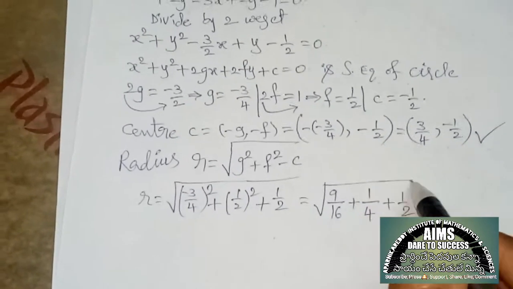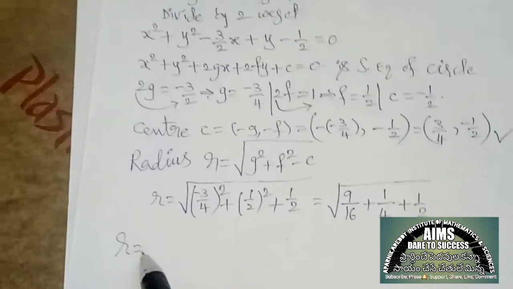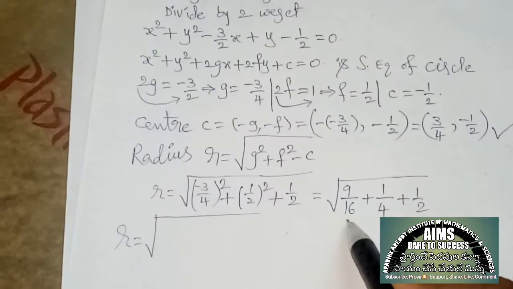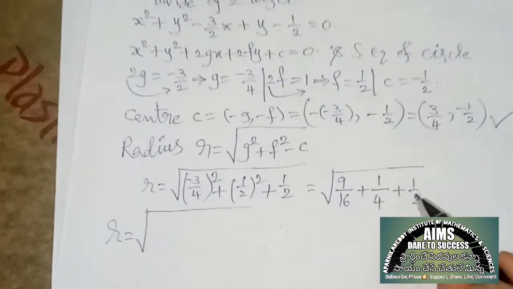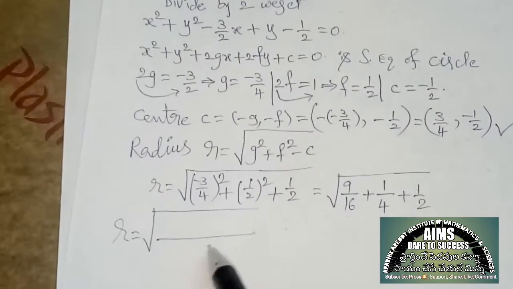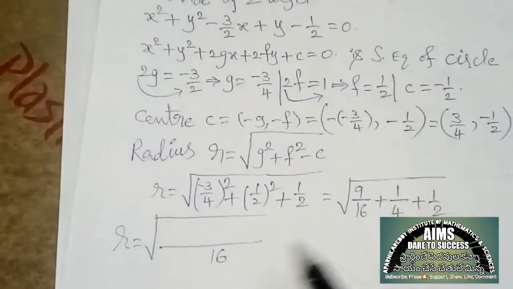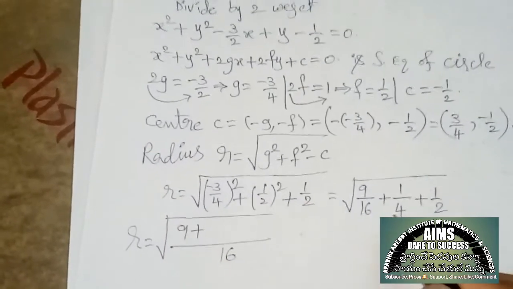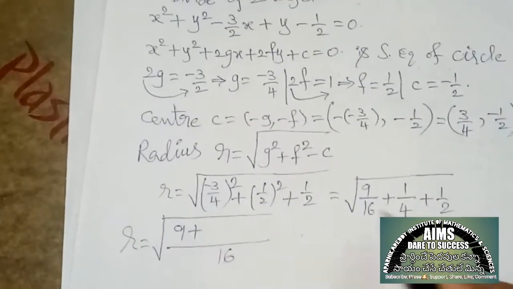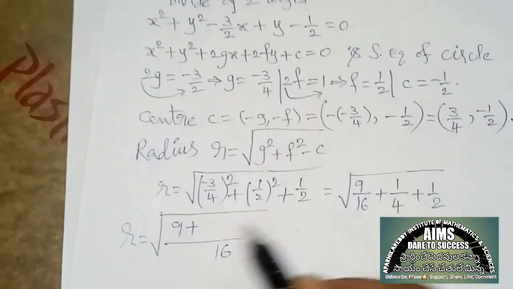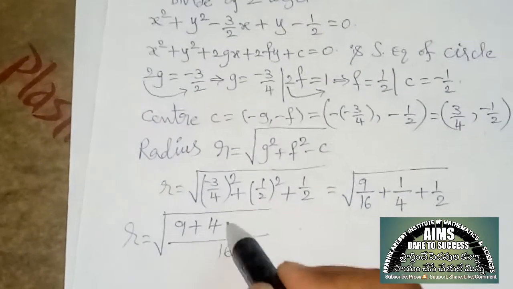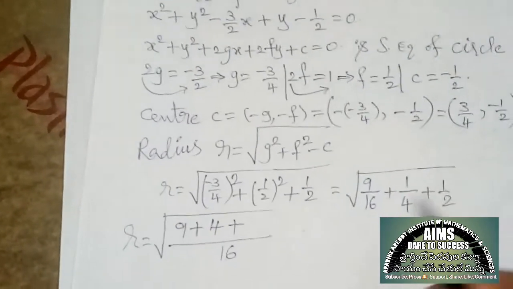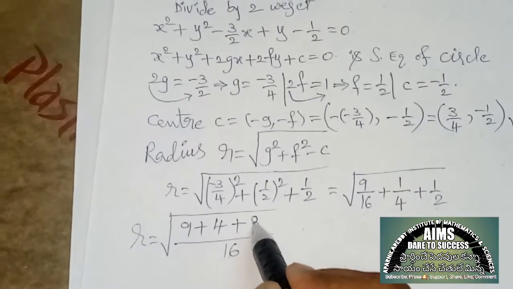1 by 2. With normal simplification, R is equal to under root of, what is the LCM? Denominators 16, 4, 2, so 16 is the LCM. 16 is 16, so the numerator is 9. In the 4 table, 16 is 4 times, so 4 into numerator 1, 4 ones are 4, plus in the 2 table, 16 is 8 times, 8 into numerator 1, 8 ones are 8.